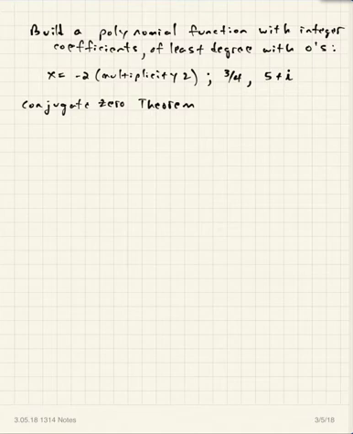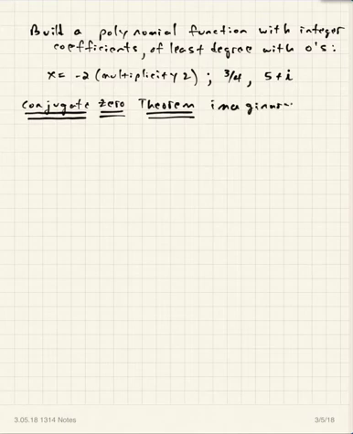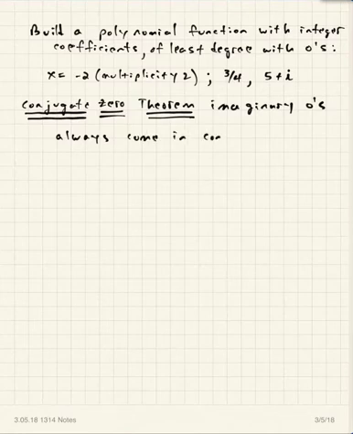Now, this brings into play something else I needed to talk about. This is called the Conjugate Zero Theorem. The Conjugate Zero Theorem talks about imaginary zeros, and it tells you that imaginary zeros always come in conjugate pairs.